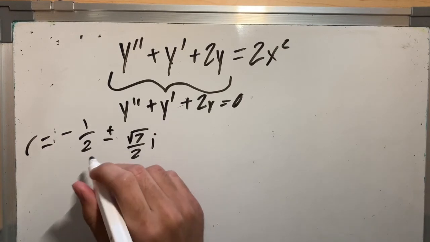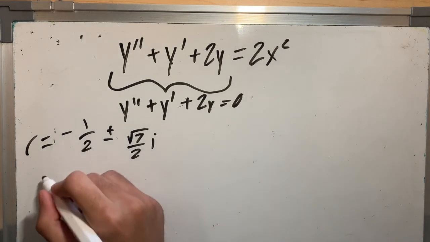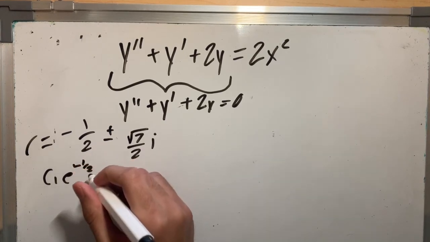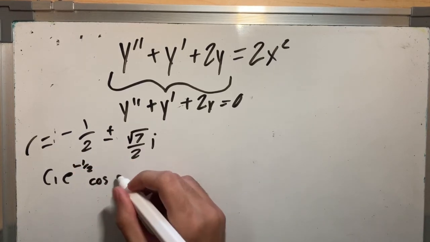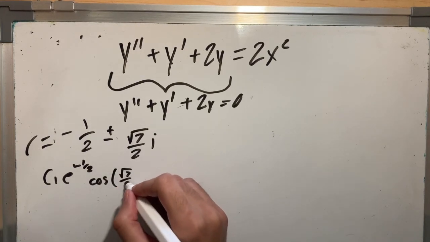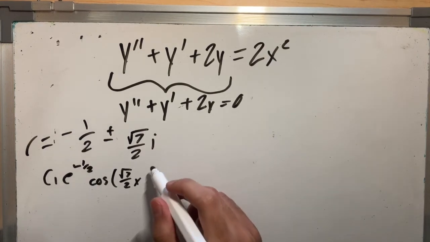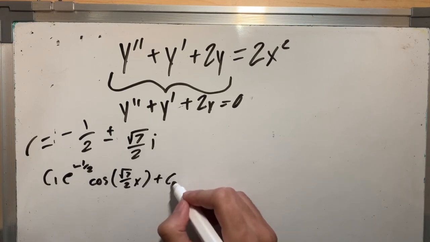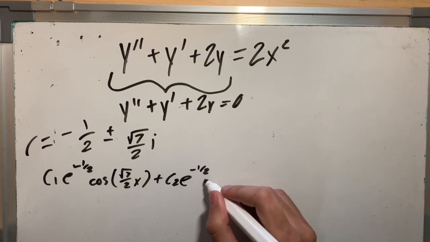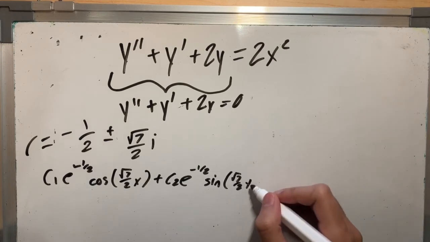And since that's r, we know that our fundamental set and our general solution will be c1 e to the -1/2 x cos of square root of 7 over 2 x, or t, whatever they're using, plus c2 e to the -1/2 x sine square root of 7 over 2 x.